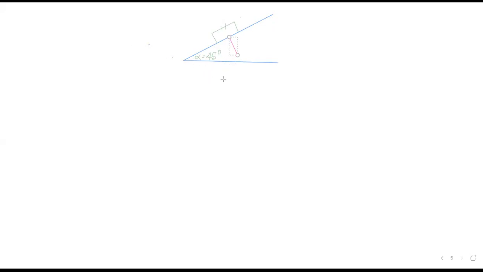But on the other hand, we will have that which is parallel to the plane there.